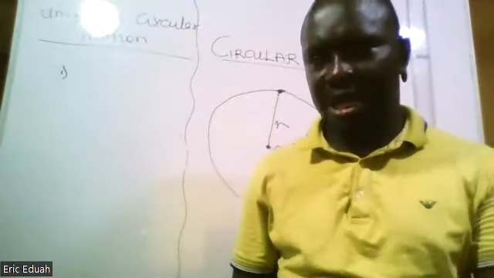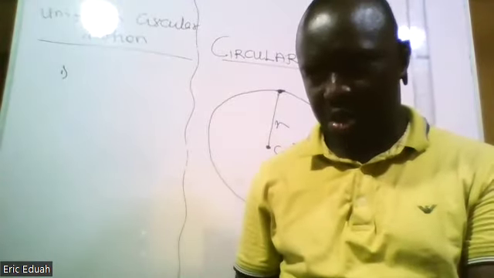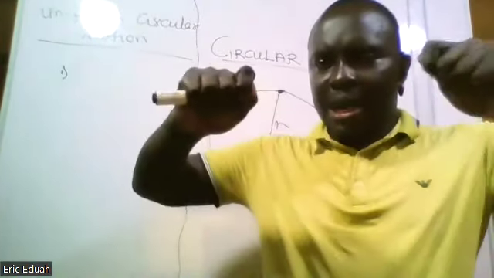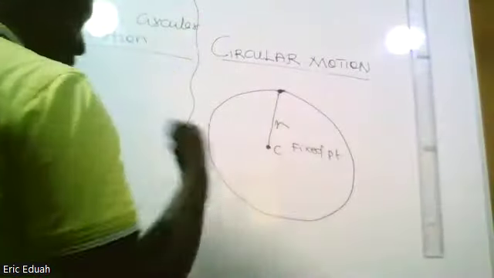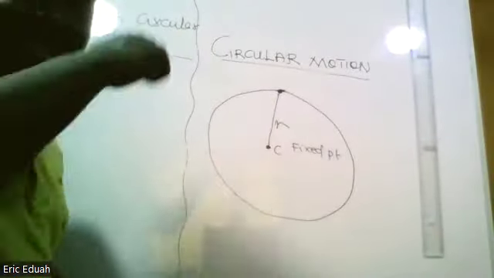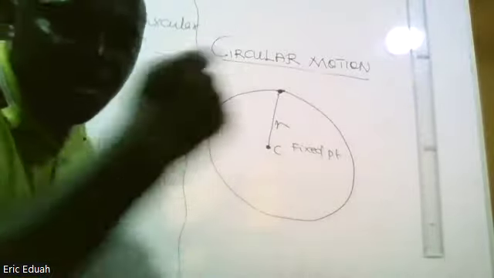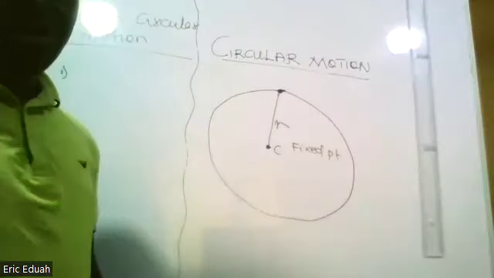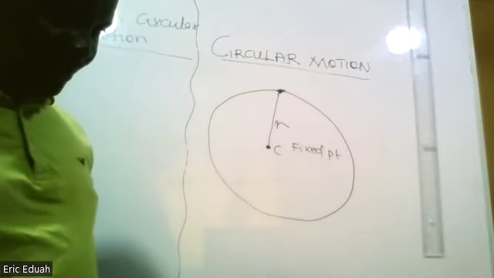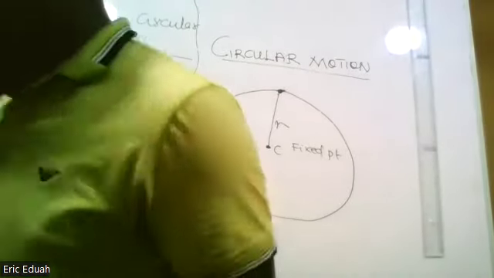Then, if an object is tied to a string and whirled, the motion of the object also describes circular motion. Is that okay? All right.